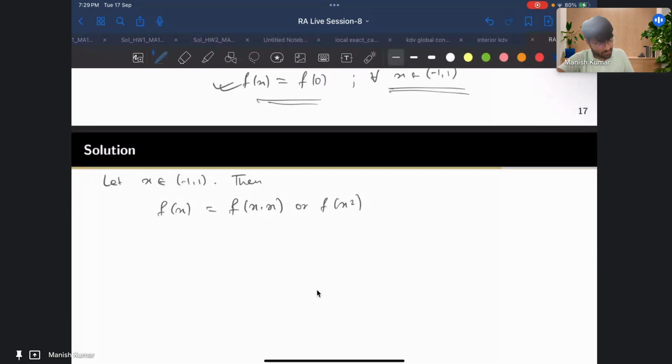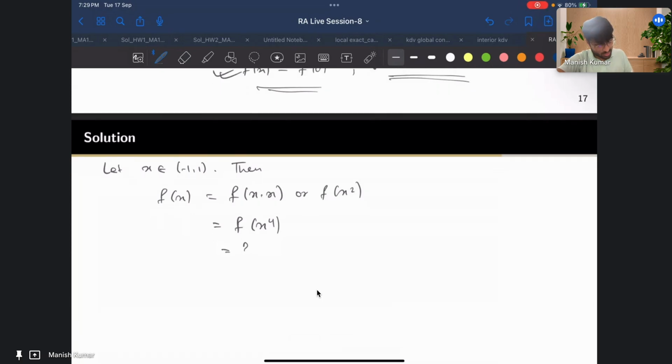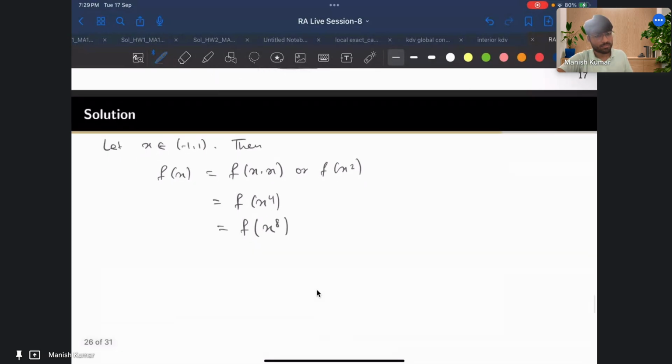So f of x square is equal to f of x to the power 4, right? Again f of x to the power 4 is going to be equal to f of x raised to the power 8. In this way you can say that f of x is equal to f of x raised to higher and higher powers.